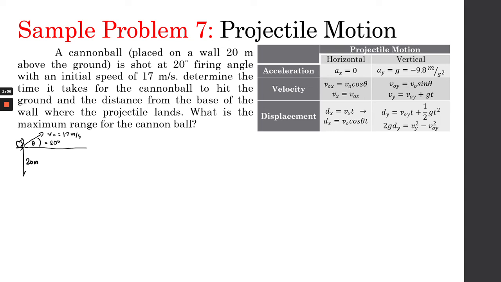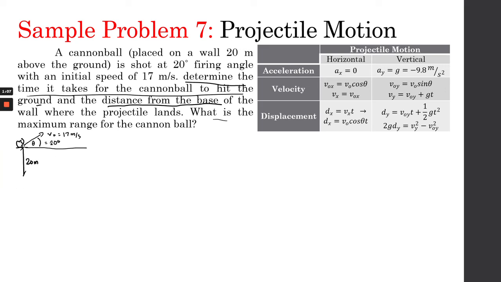Determine the time it takes for the cannonball to hit the ground and the distance from the base of the wall where the projectile lands. What is the maximum range for the cannonball?